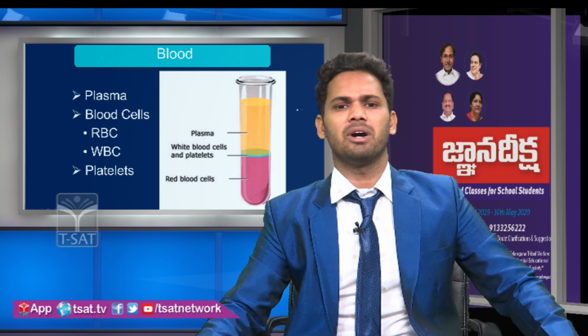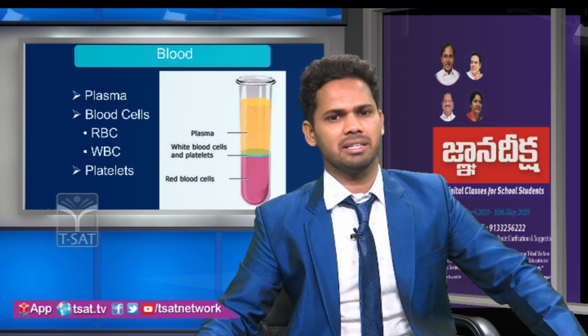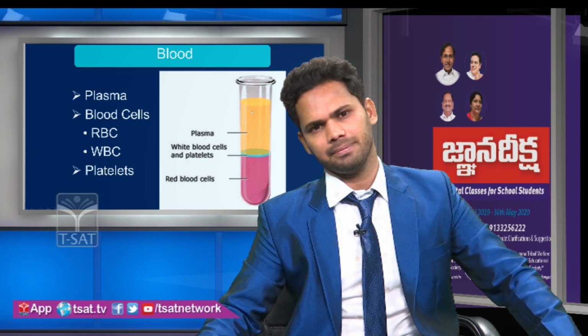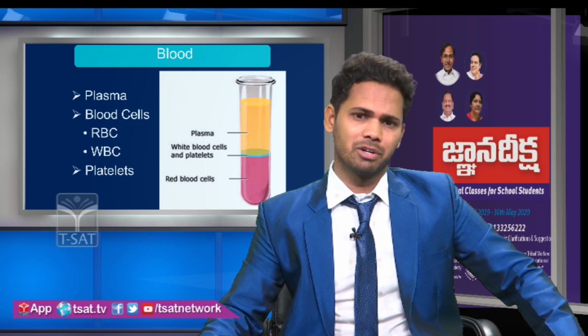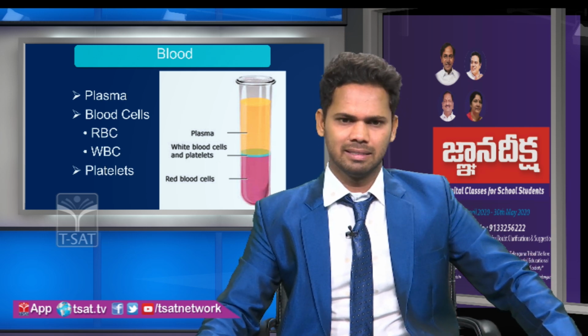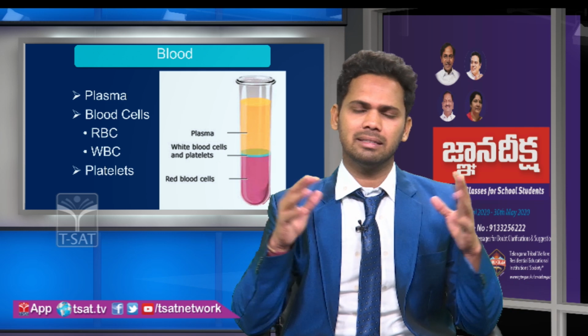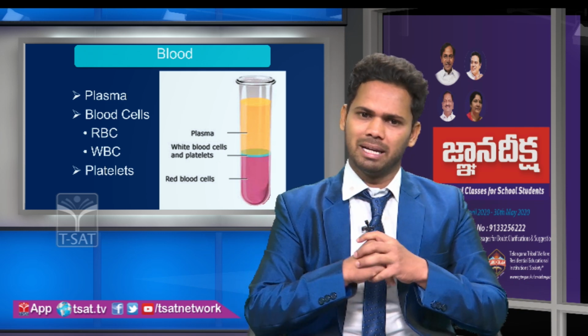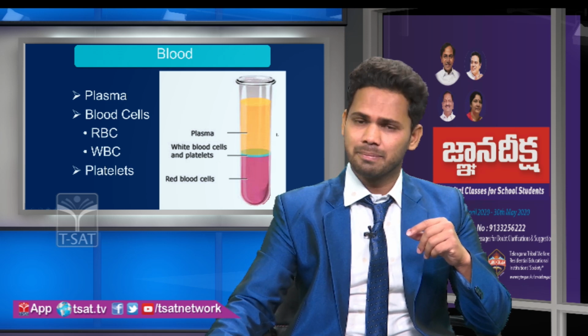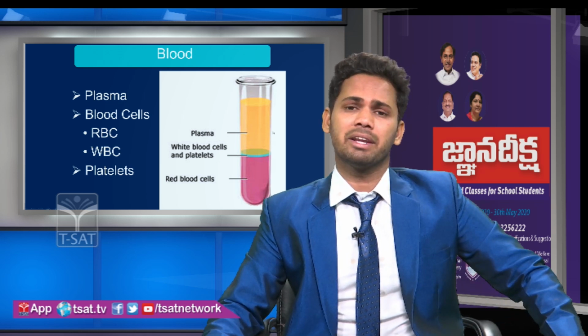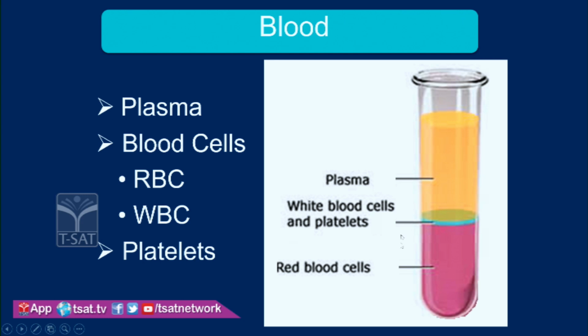First, observe here, the picture is showing blood. Generally you know blood is red in color. Before learning about the characteristics of blood, take some amount of blood and centrifuge it in a centrifugal machine, in the process called centrifugation.